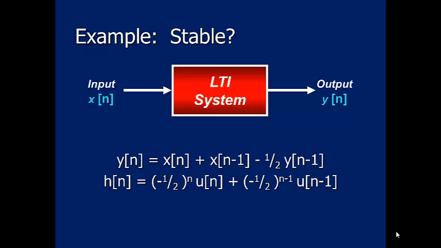So we have to ask ourselves, for stability, we want the sum over all n from n equals minus infinity to plus infinity of the absolute value of h of n to be some finite value. Let's just say less than infinity.